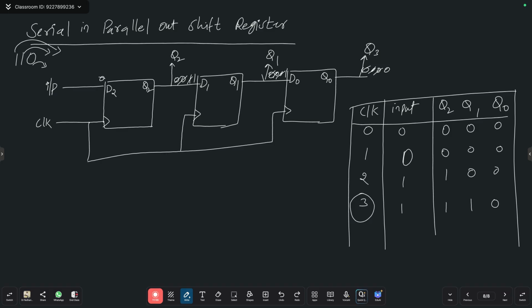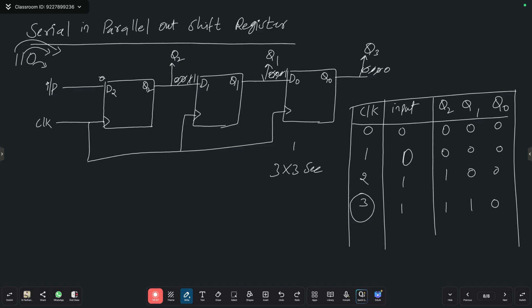Total time to shift through the 3 clocks of the shift register is 3 into 3 seconds.